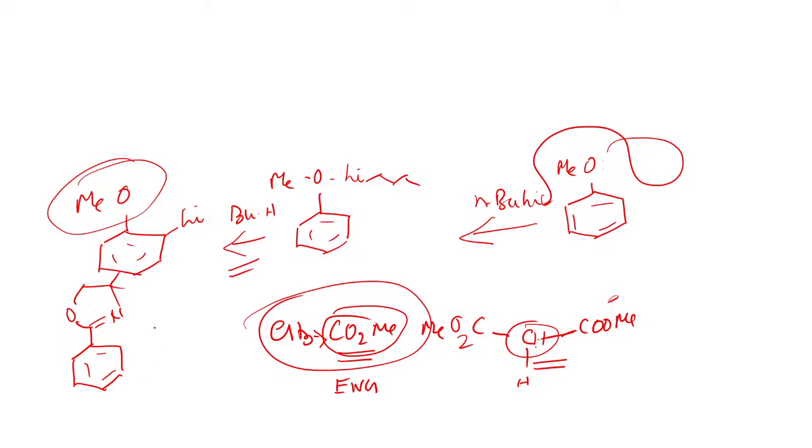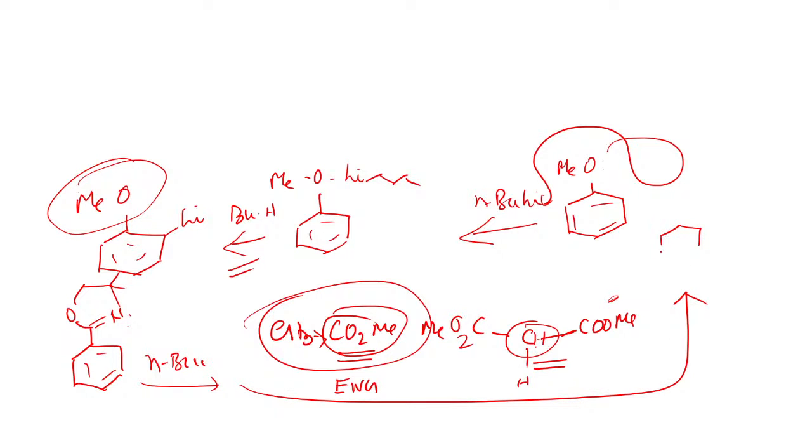This can also undergo reaction in a similar way, and when you treat this compound with n-butyl lithium, the nitrogen lone pair can make chelation with the n-butyl lithium and you will be able to form the lithiated species, which can be stabilized by the nitrogen lone pair.